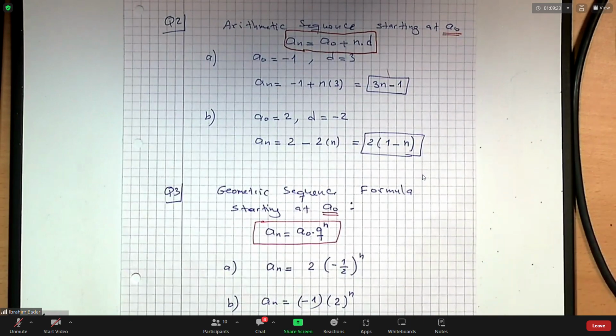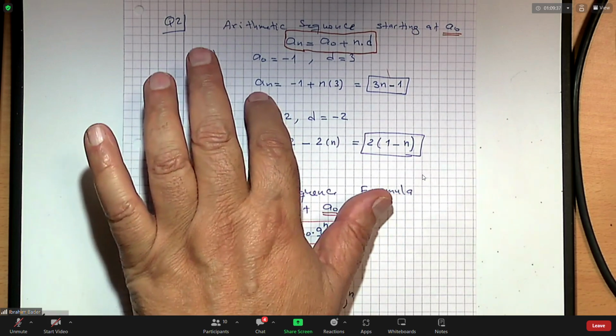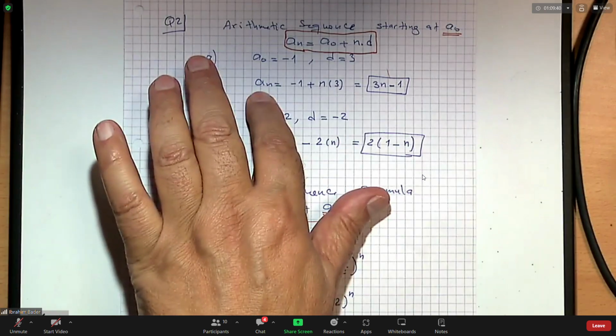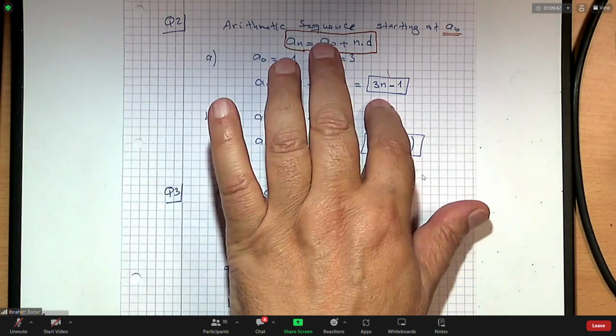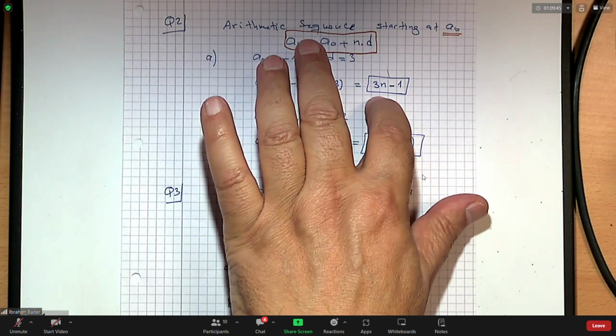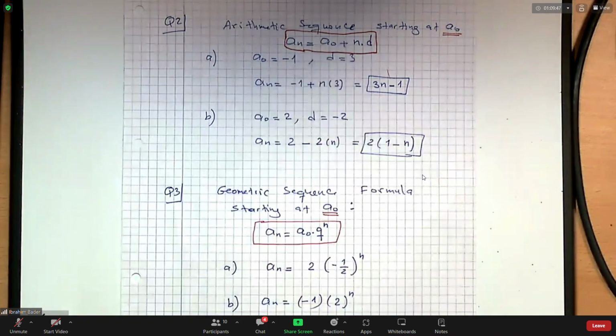Why is this general term important? Because it allows us to evaluate any position, right? So for instance, if I want to evaluate the 100th term of this one here, all I need to do is plug in 100 for N. So I have 300 minus 1, which is 299, for instance.